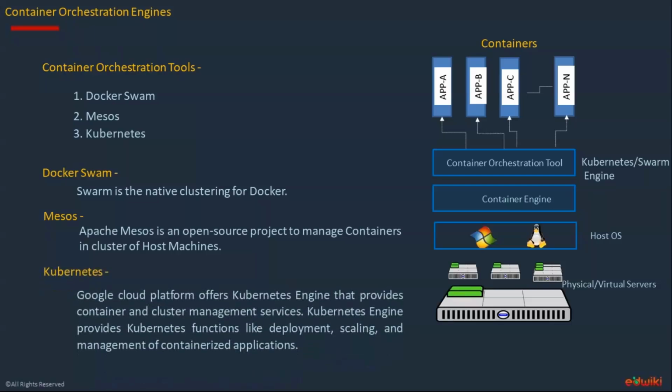So these are the different orchestration choices that you have, which you wanted to use on top of your container engine. Now, definitely out of these three, Kubernetes has more weightage, with more powerful features that support real-time environments.